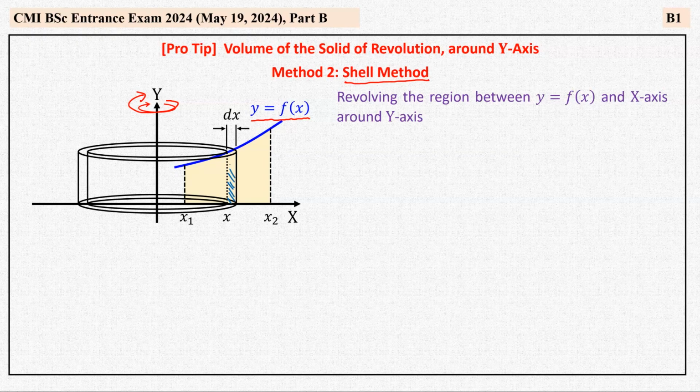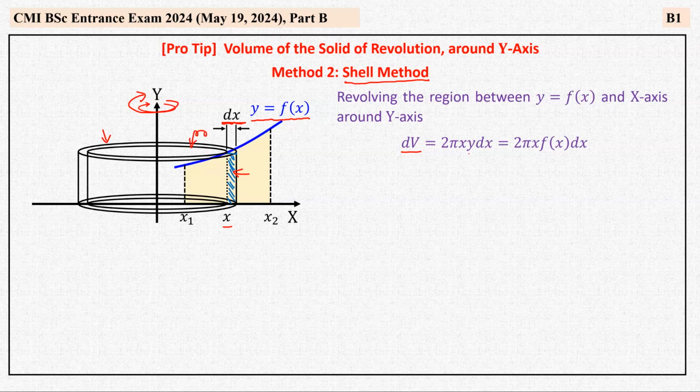If we revolve the rectangular region having infinitesimally small thickness dx located at coordinate x around the y-axis, we obtain a thin cylindrical shell. Here dx is infinitesimally small, so the volume dV of the shell is just the area of this thin rectangle times the circumference of the circle.